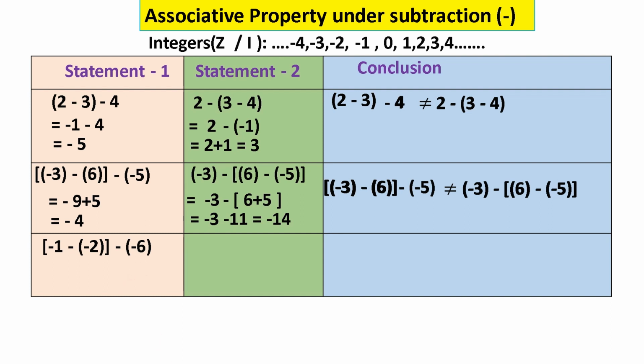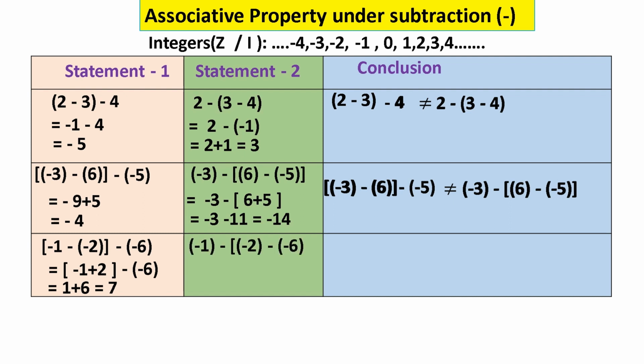So in the first case, minus 1, minus of minus 2 is plus 2. And next, minus of minus 6. Next here is 1, and minus of minus 6 is plus 6. So we will get plus 7.